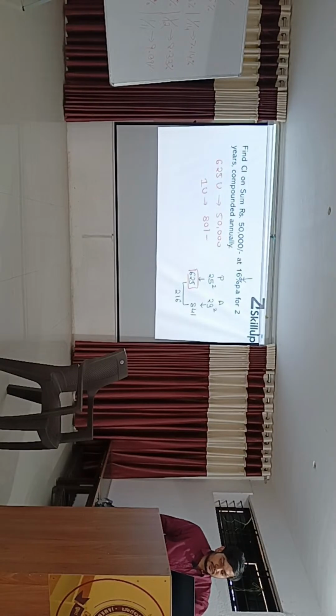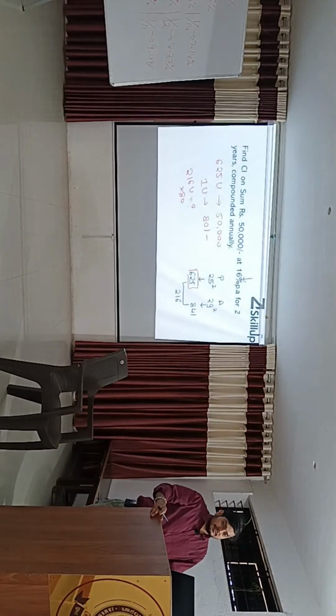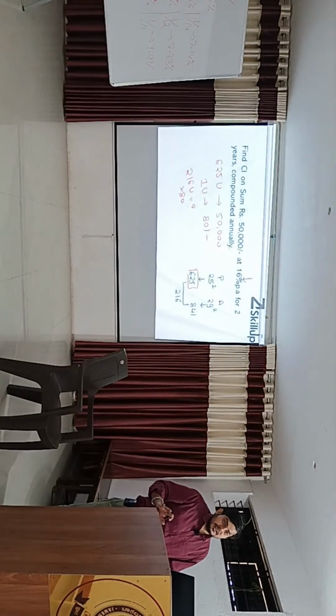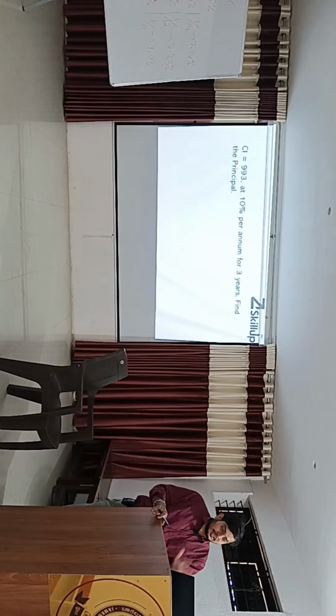What do I need? 216 units equals question mark, that is into 80. Correct? Did you understand now? That is method 1. I am only using method 1 for now; after some time I will use method 2. In which scenario I will use method 2, I will show. Next one.